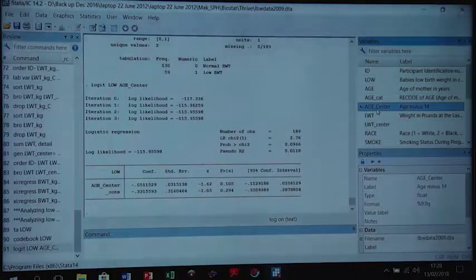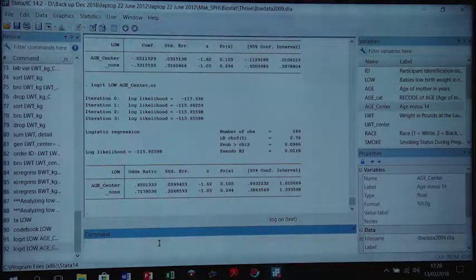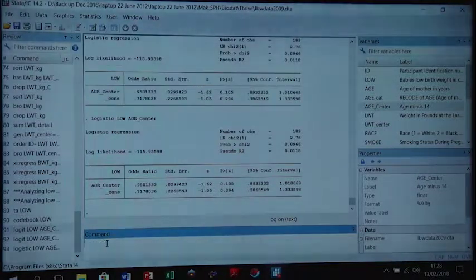So we now have the coefficients, and because the model is on the natural log scale, we are using logit. We can convert this into odds ratios by putting comma OR. Now you can see it has moved to odds ratios. Or instead of using the word logit, we can use logistic without putting the OR.